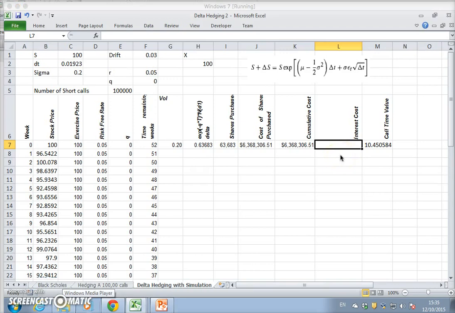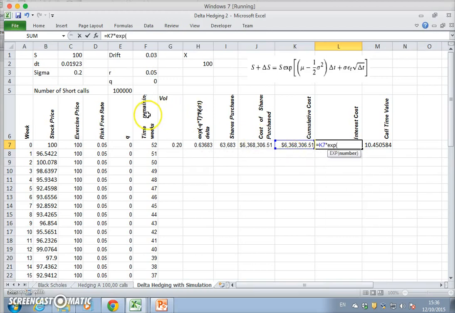The 1 week interest cost, we might say, is equal to the sum of money borrowed, and then we multiply it by the continuously compounded rate, so EXP open bracket the rate of interest, which we've put here as 5%, F4, multiplied by the time period, and it's weekly, so this is 1/52, and we'll check that again in a moment.